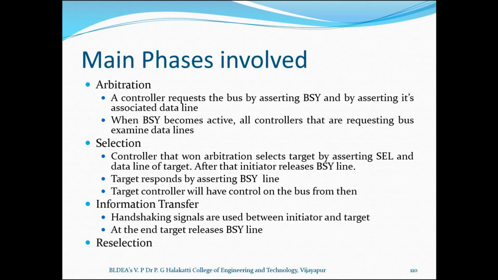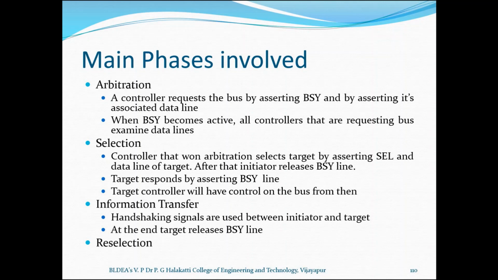The target controller assumes the role of the bus master and uses handshake signals to control information transfer. The target asserts the input-output signal during an input operation, that is, target to initiator, and the C/D signal indicates that the information being transferred is either a command or a status response.